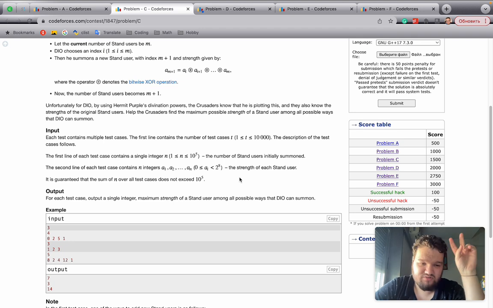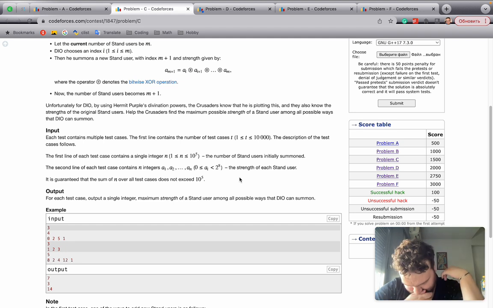Basically, we just want to choose two prefixes and take the XOR of their prefix XORs to be maximum. So we can just mark all the prefix XORs that we can have and choose two of them with the largest XOR value.